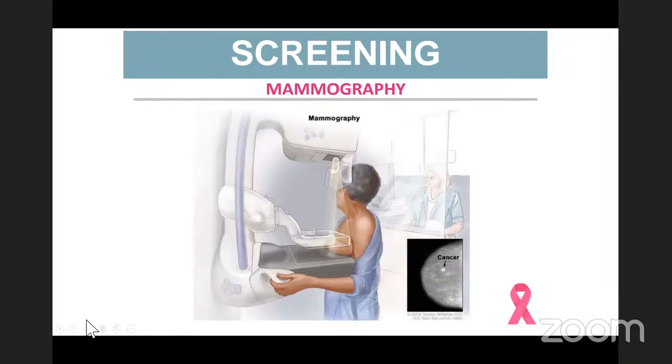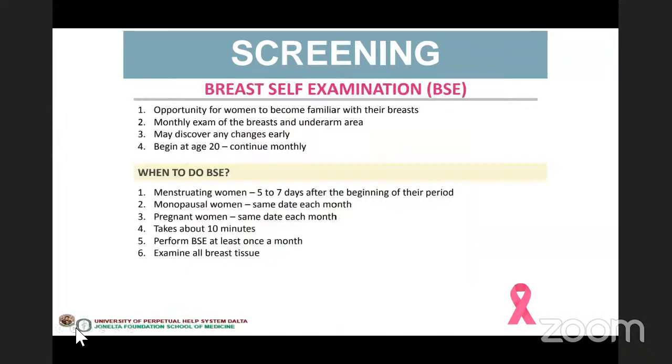Okay. So mammography, what would be the role? Okay. Screening. Okay. You have your breast self-examination. So you know your body the best. So you have your monthly exam of the breast and underarm area so that you discover changes early.